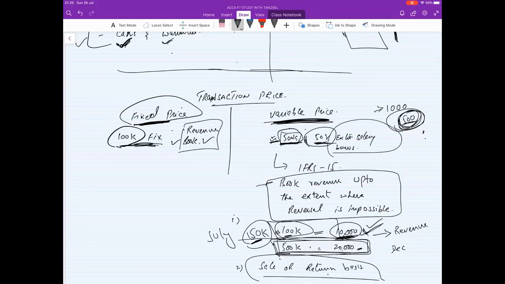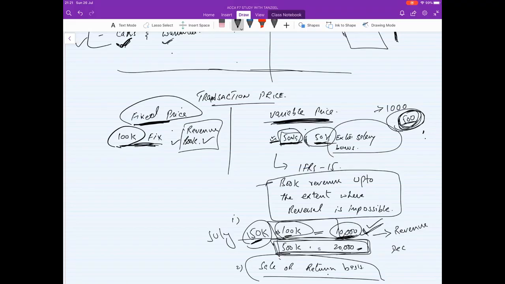I'll give you the example. I come to your shop, I say, I want to buy iPhone 6. You said 1000 price. I said, okay, I am taking your phone. I'm going to keep this phone for 6 months. If I am unable to sell this phone, then I will come back to your shop, return your iPhone 6 and take my 1000 from you.